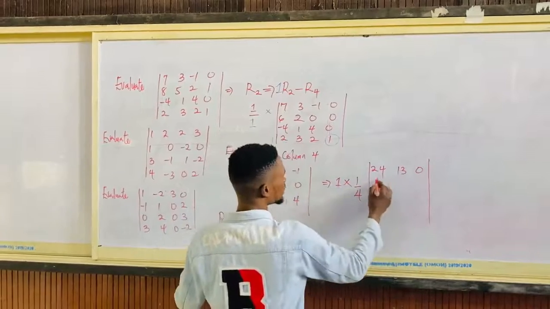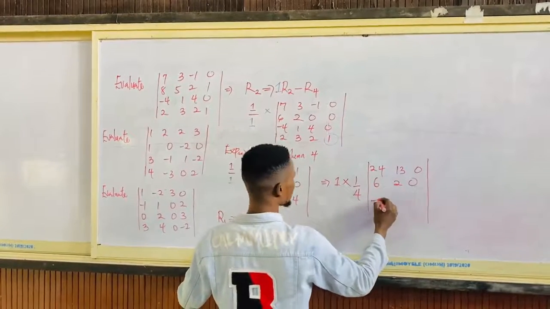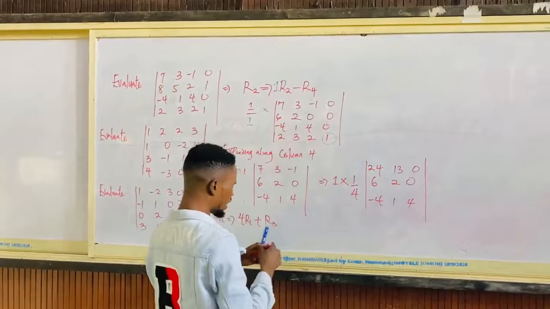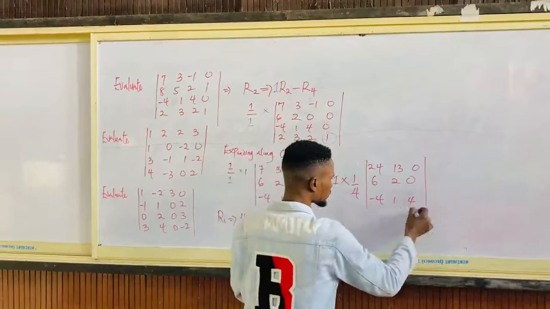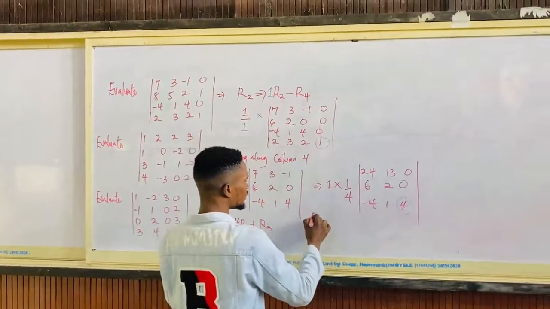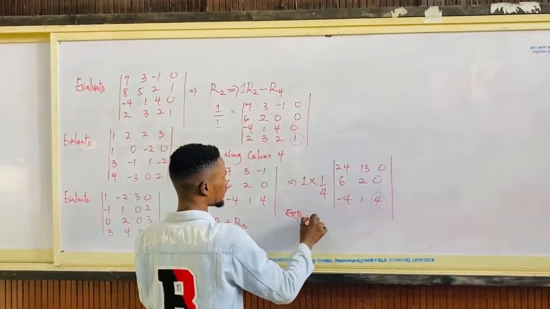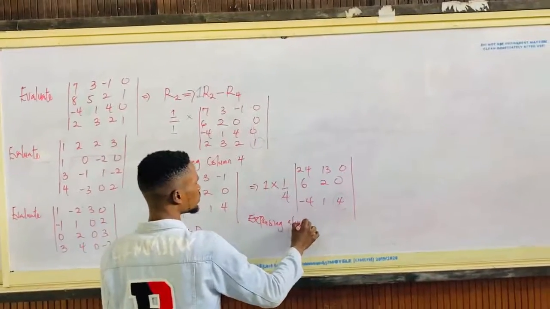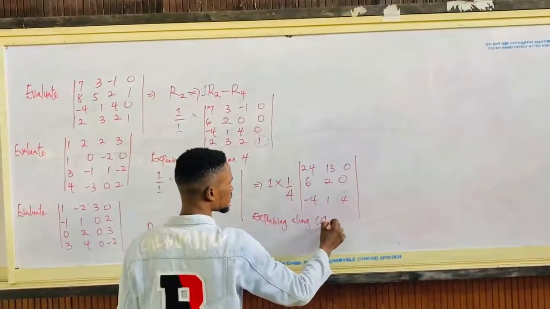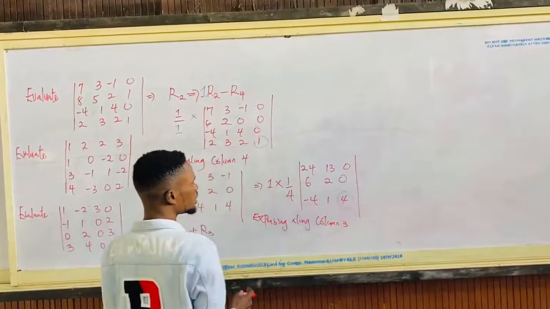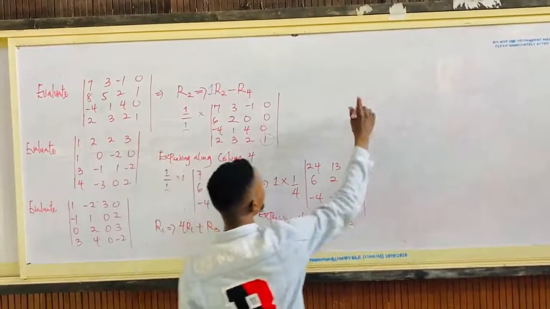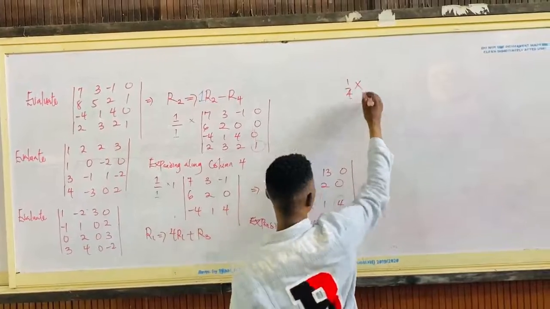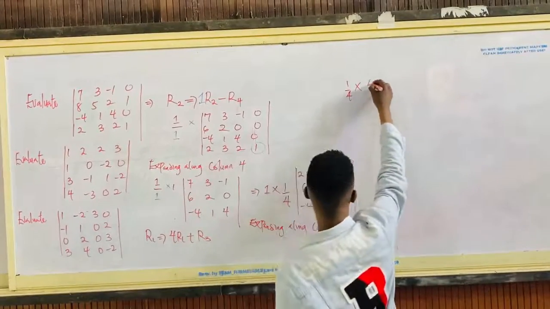Then write this again. 6, 2, 0, minus 4, 1, 4. Again, circle this 4, then write expanding along column 3 now. If you expand along column 3, that's 1 over 4 times this 4.